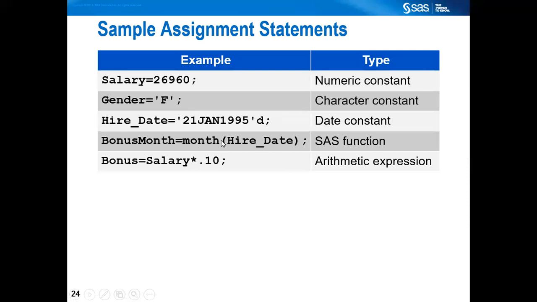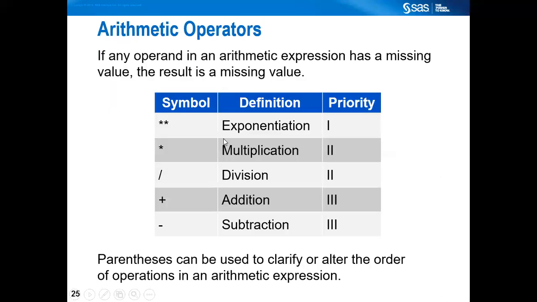So what are functions? This is one example, and how functions are used we'll see in upcoming topics. But remember, if you're using arithmetic operations with multiplication as well as division, understand there is a priority.